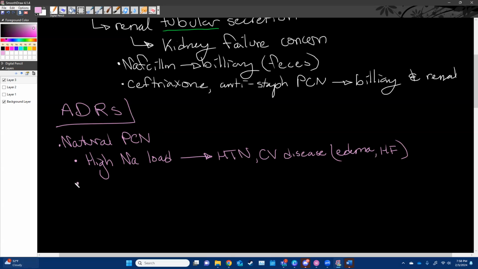Since we're talking about electrolytes, if we're putting in lots and lots of sodium, we should look at drug-drug interactions with sodium. So what kind of drug-drug interactions can we have?